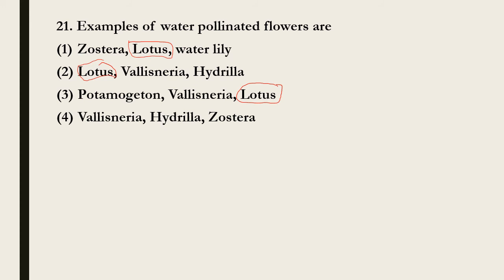The plant is present in water, but pollination does not take place by water. So the truly water pollinated flowers are Vallisneria, hydrilla, Zostera. So the correct option is 4.